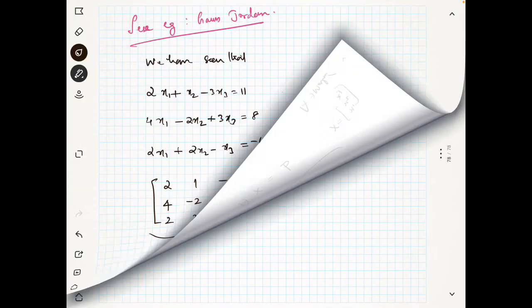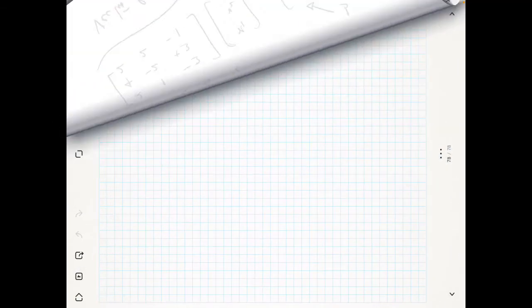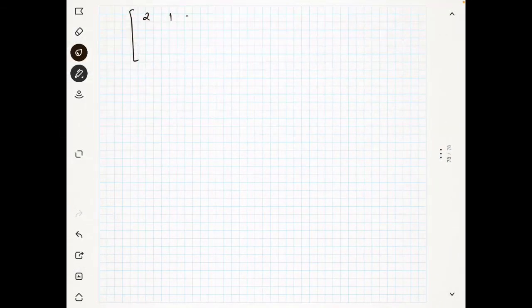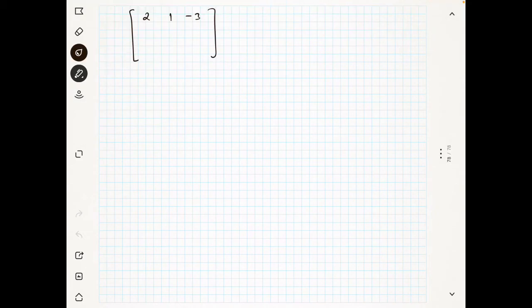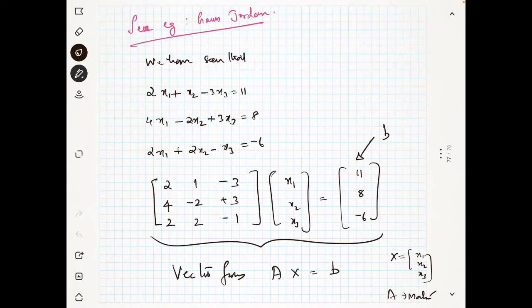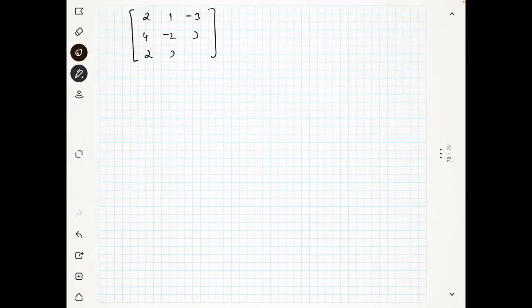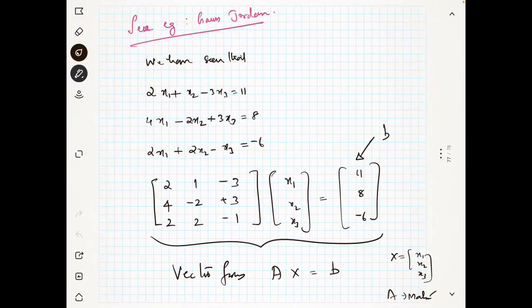This is 2, 1, minus 3, 4, minus 2, 3, and 2, 2, minus 1, into x1, x2 and x3, which is equal to 11, 8 and minus 6, right?